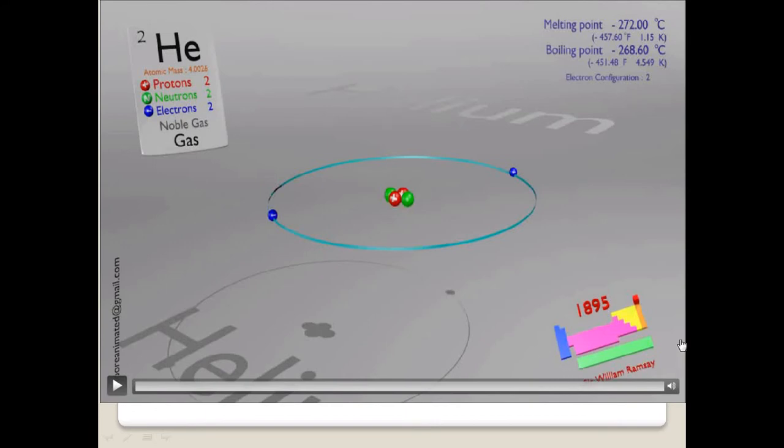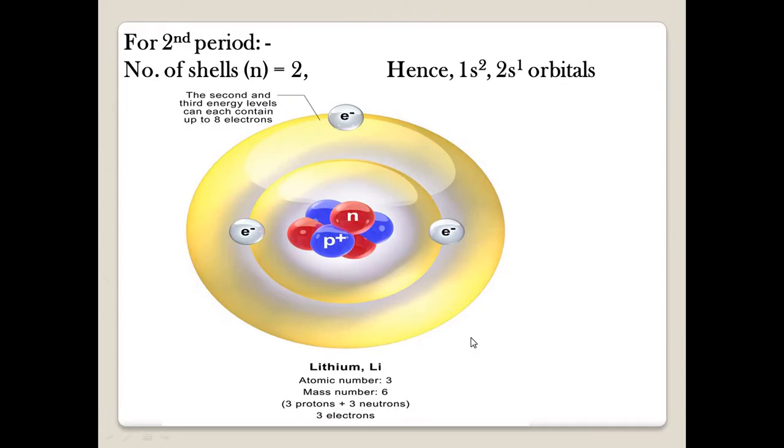Sir William Ramsay. Okay. Let's see the structure of lithium also, for the second period, because the number of shells n is equal to 2, hence 1s2 2s1 orbitals, that is 3 electrons for lithium. Atomic number is 3, mass number is 6, so 3 protons, 3 neutrons and 3 electrons.